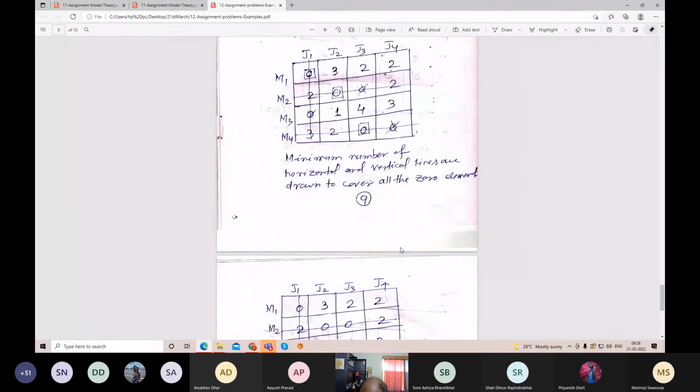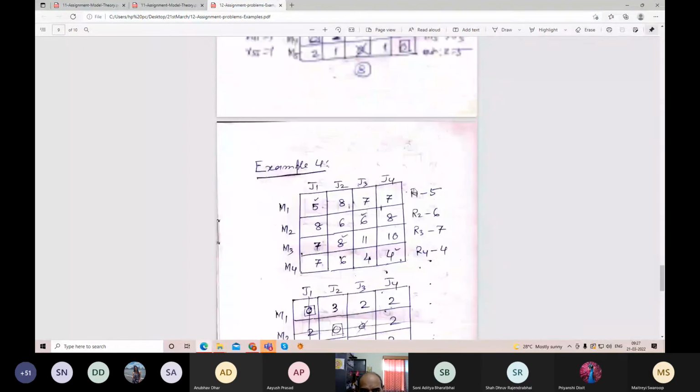The assignment problem is binary, and the transportation problem is integer. Integer. Okay.